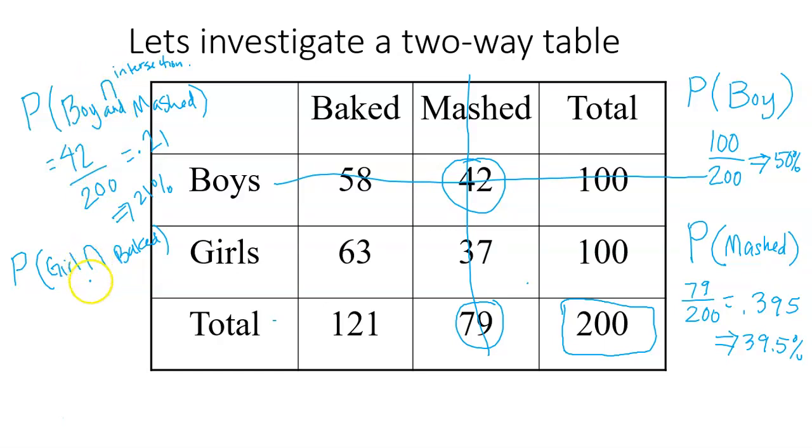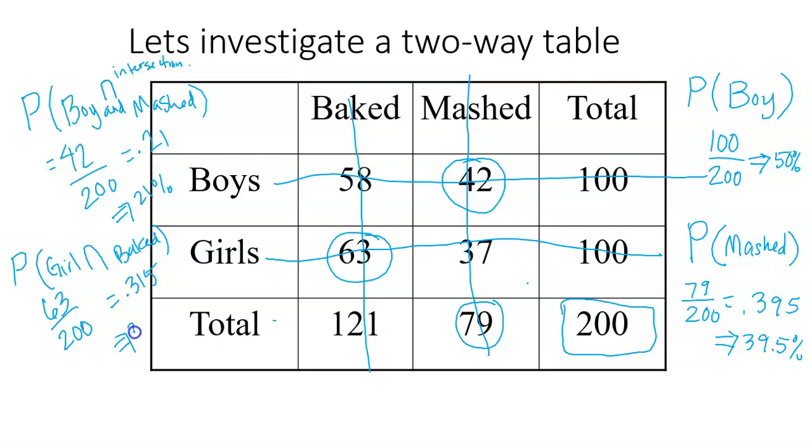I'm going to find the actual intersection of girl and baked potato. So girl goes across this way, baked goes across this way, girl and baked intersect at 63. So 63 out of 200, which would be 0.315 or 31.5%.